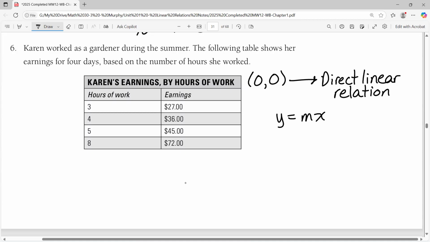Hours will be our x, earnings will be our y. Again, time is always the independent variable, so it will be on the x.